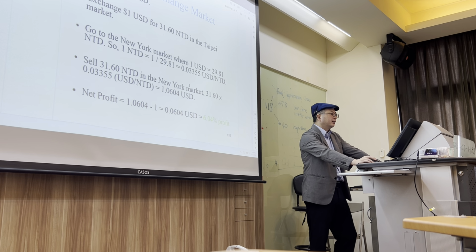Remember, you start with only 1 US dollar, and you end up having 1.06 US dollars. You take the difference between the two, and your profit is about 6 pennies. This translates into about a 6% profit. And that's how you can make money in foreign exchange using arbitrage.